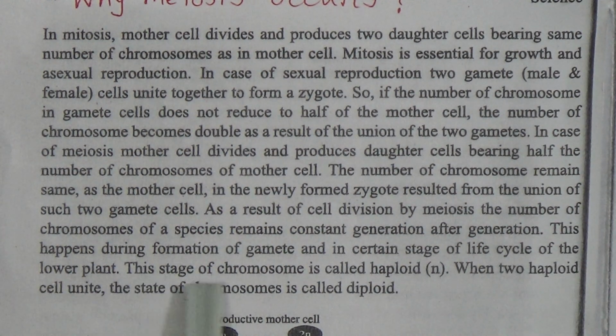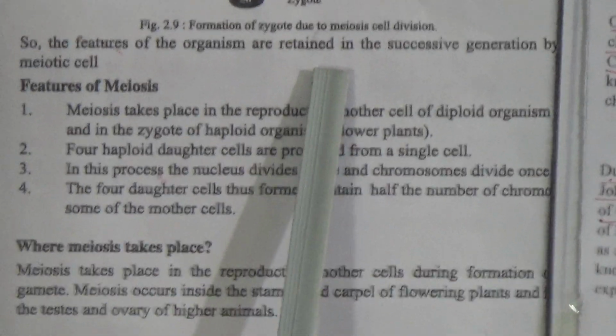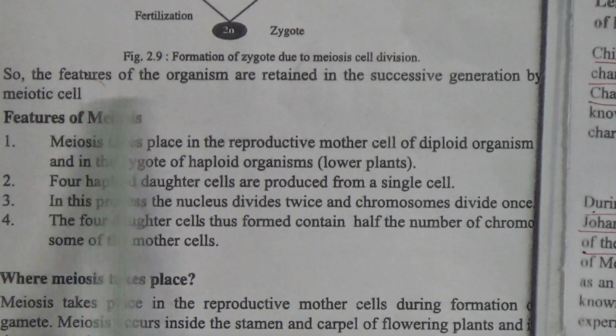This happens during formation of gametes and in a certain stage of the life cycle of lower plants, and this stage of chromosome is called haploid, that is N, and when two haploid cells unite, the state of chromosomes is called diploid. So the features of the organism are retained in successive generations by meiotic cell division.